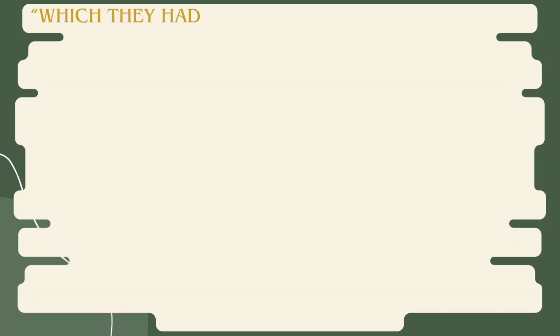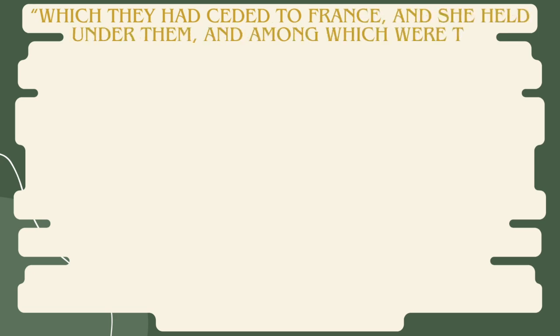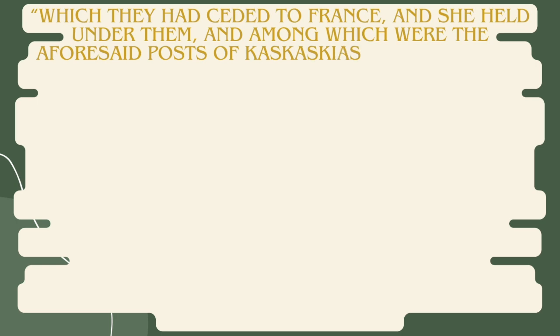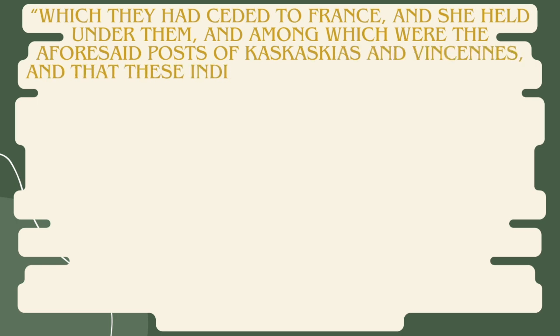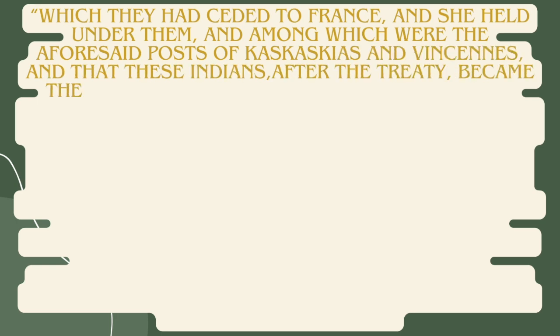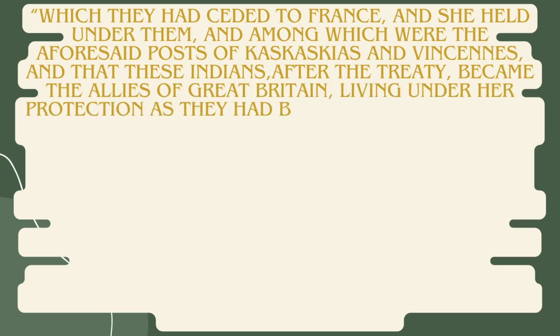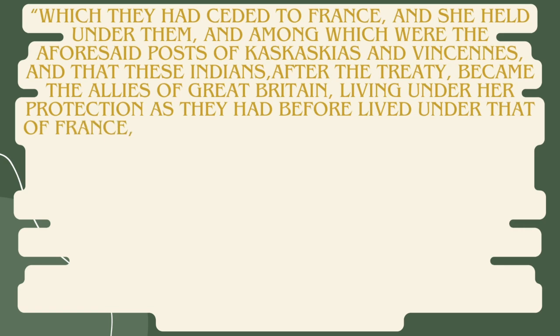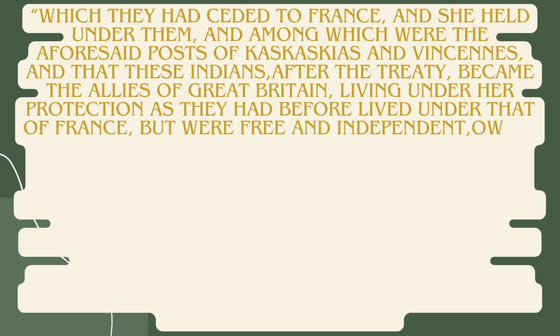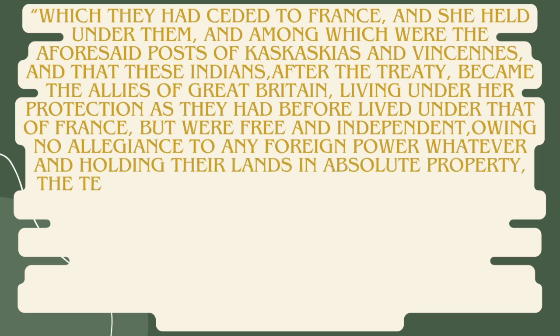I quote, which they had ceded to France, and she held them under, and among which the aforesaid posts of the Kaskaskias and the Vincennes, and these Indians, after the treaty, became allies of Great Britain, living under her protection as they had before lived under that of France, but were free and independent, owing no allegiance to any foreign power whatever, and holding their lands in absolute property.